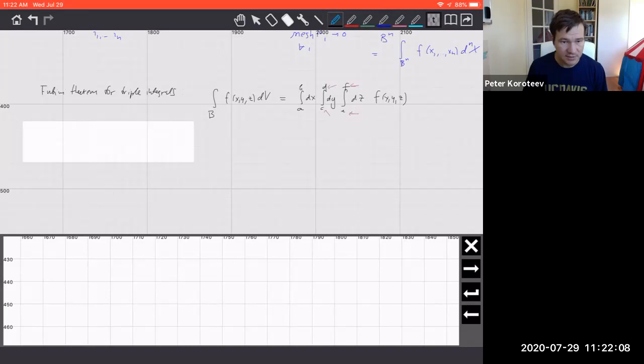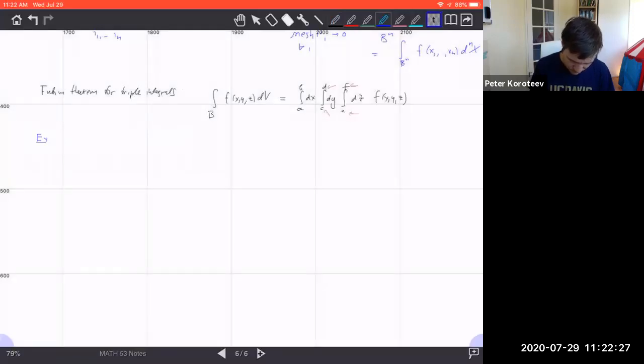So let's look at an example. Say we have a solid which is bounded between two different surfaces. There's one cap here, the top surface, and then there's another surface on the bottom.